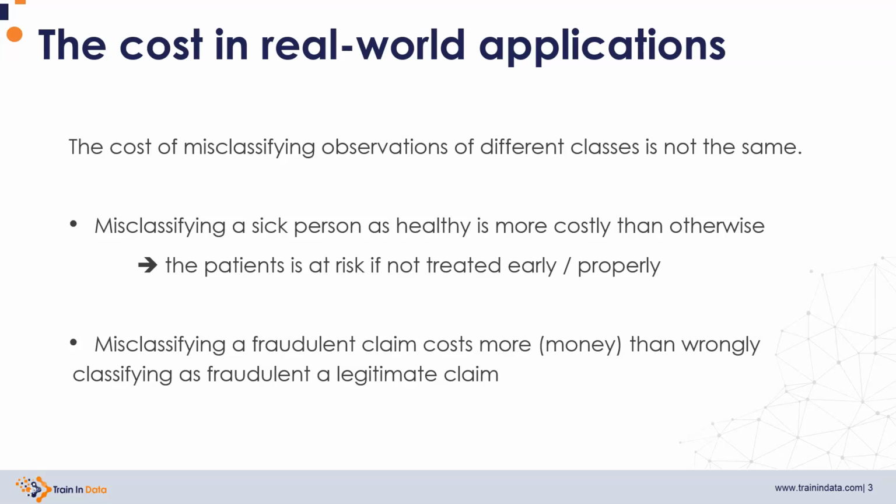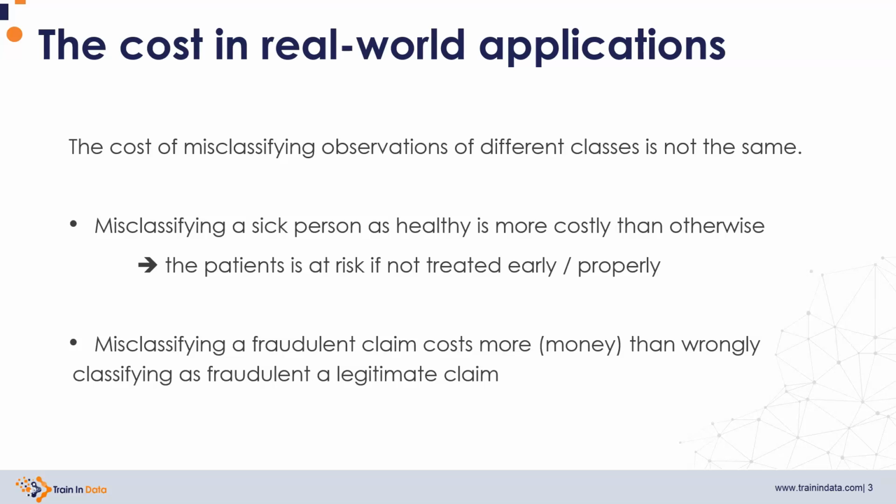Yet, in many real-world applications, this assumption is not true. In fact, the difference in the misclassification error can be quite dramatic. For example, in medical diagnosis, misclassifying a sick patient as healthy is more costly than otherwise, because the patient is at risk if they are not treated early or properly.